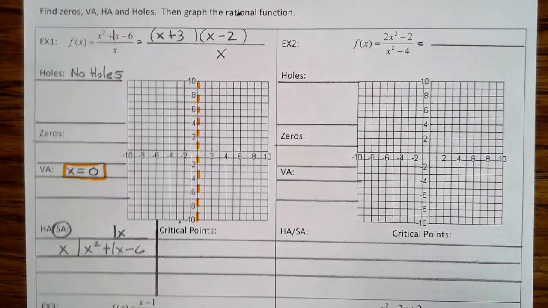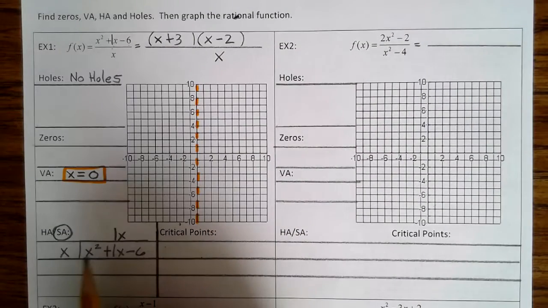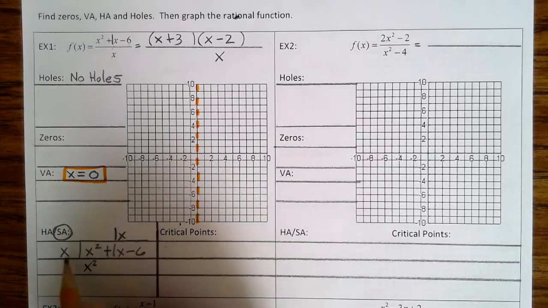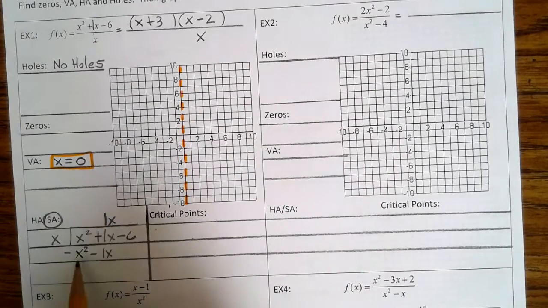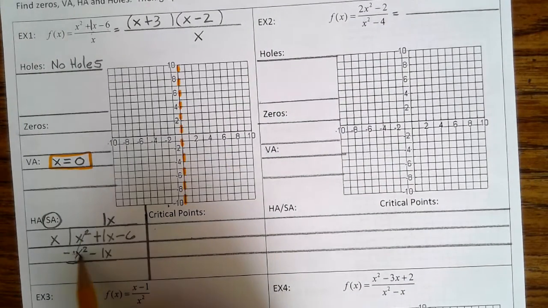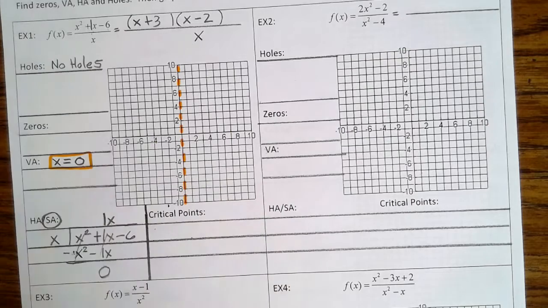Now, x times x is x squared. x times 1 is 1x. We subtract. Cancels, you get 0. Oh, wait, I'm sorry.